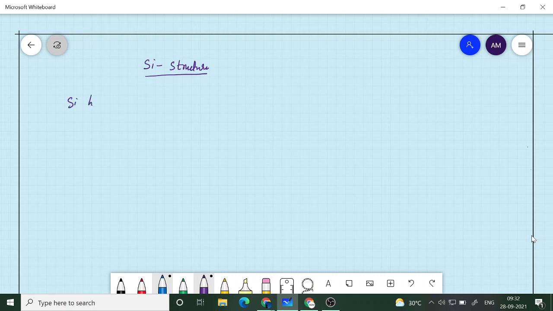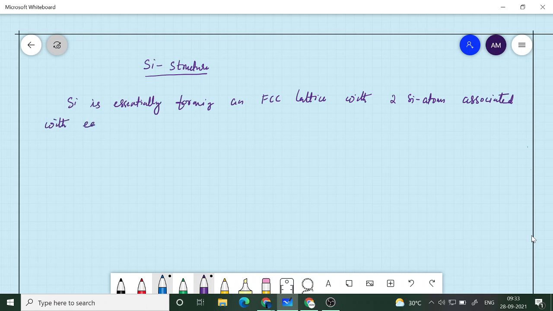Okay, silicon is essentially forming an FCC lattice with two silicon atoms associated with each lattice point, which are separated by a vector, and the vector is a by 4, a by 4, a by 4.